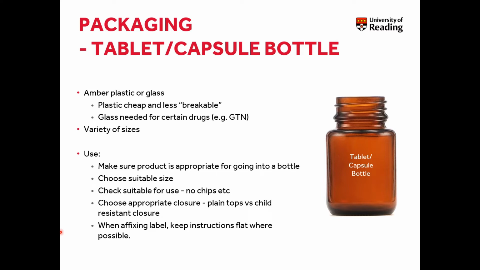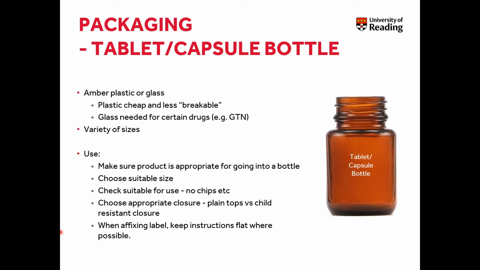So we need to make sure bottles are suitable for use. For example, there aren't any chips, and making sure you're using the appropriate lid. Normally we will try and use a child resistant lid, known as click locks, but sometimes these can be difficult for some patients.